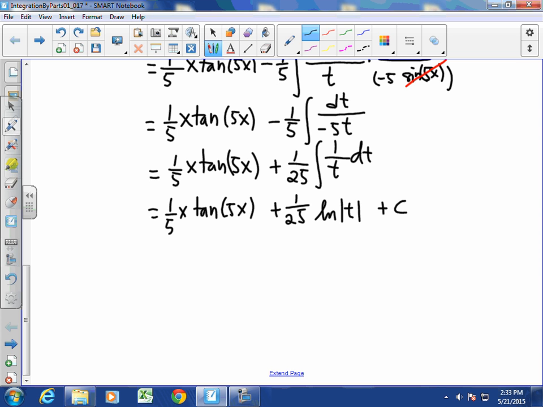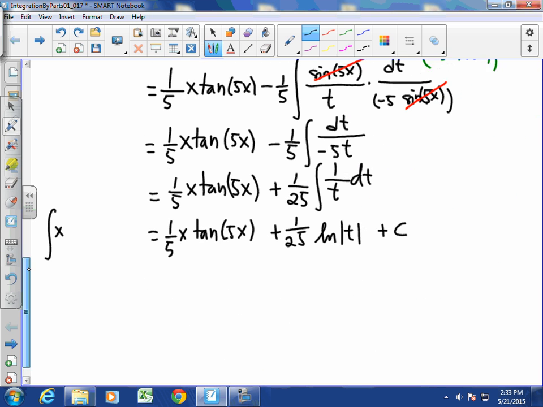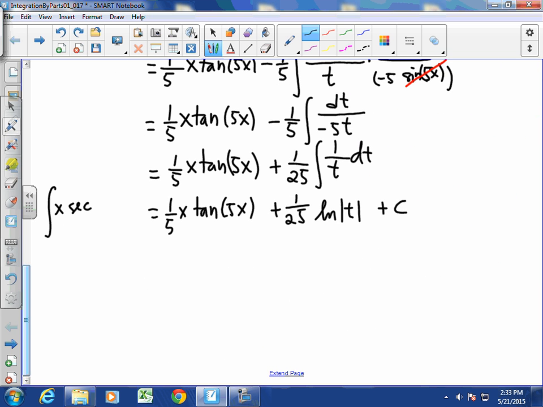Now see that we don't want to leave the answer in terms of x and t, because the problem is given with x, so it would be good to leave it in terms of x only.